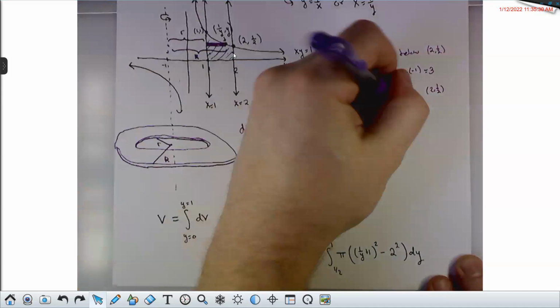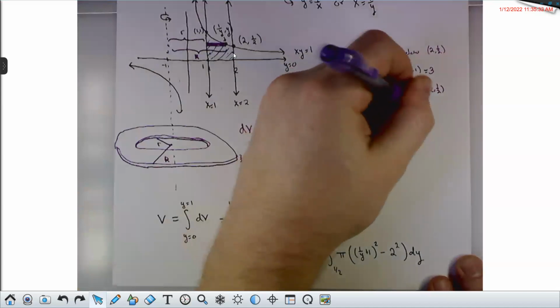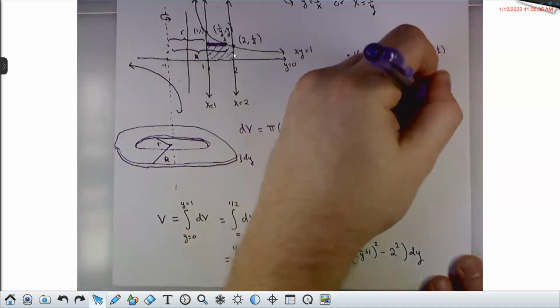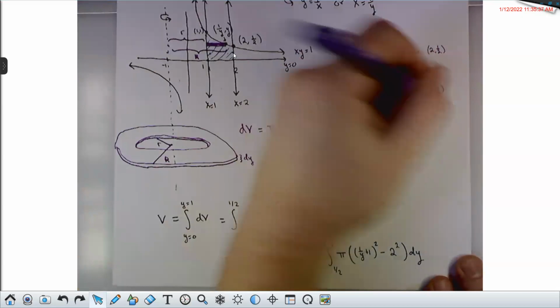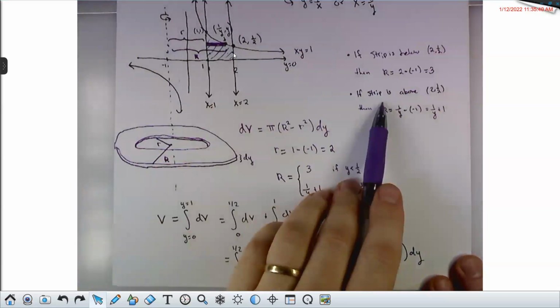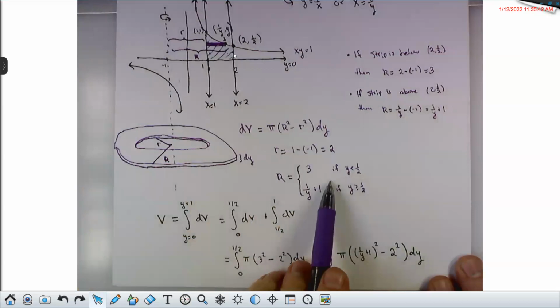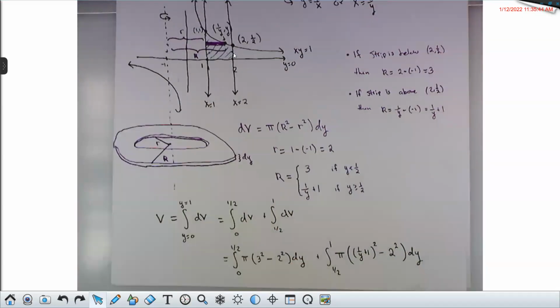So this is 1 over y minus -1, or 1 over y plus 1. So these two observations is where this comes from. Yeah, that's the idea.